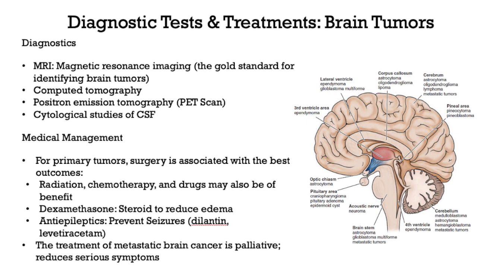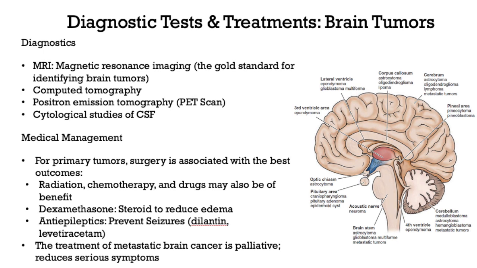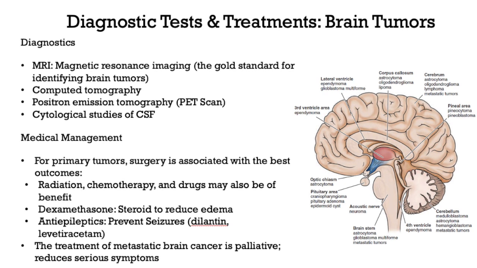So we will always do an MRI. We can usually see most tumors on CTs, but we will always follow up with that MRI. We can also do a PET scan, as well as certain studies of the cerebrospinal fluid.